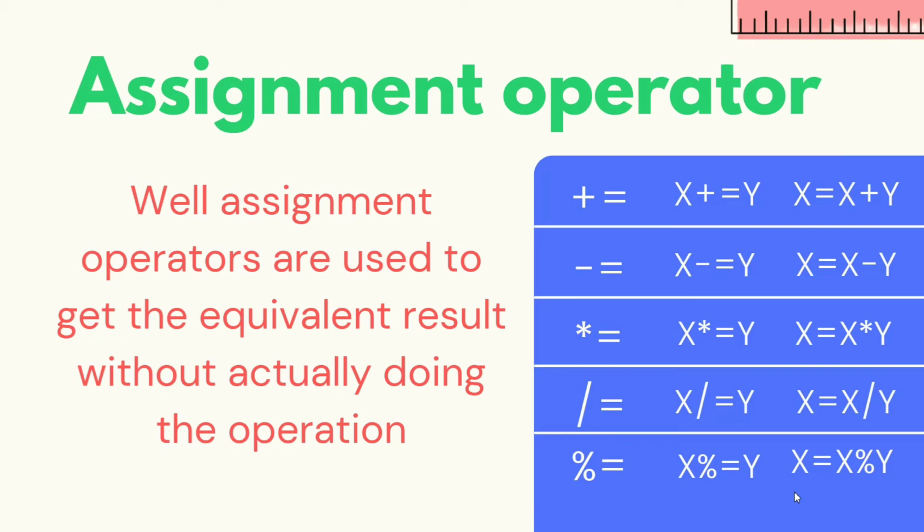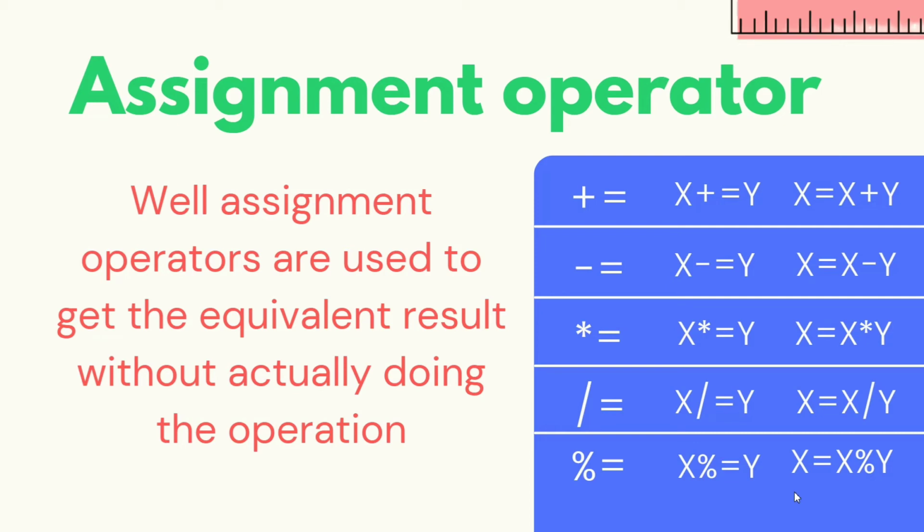If I take an example like 2 plus equal to 3, where instead of x I am using 2 and instead of y I am using 3, then it is actually an error. But if I am using x plus equal to y, then x equals x plus y. If I am using x plus equal to 10, then it becomes x equals x plus 10.